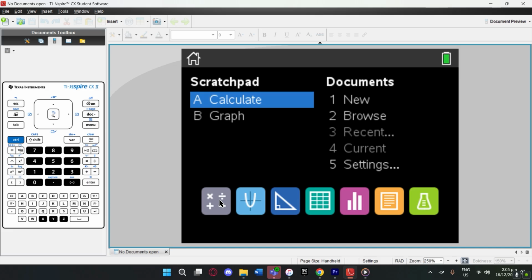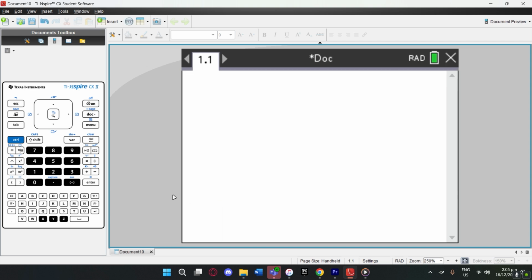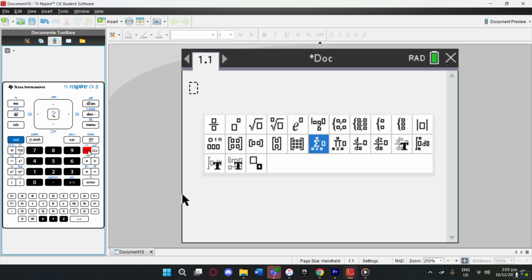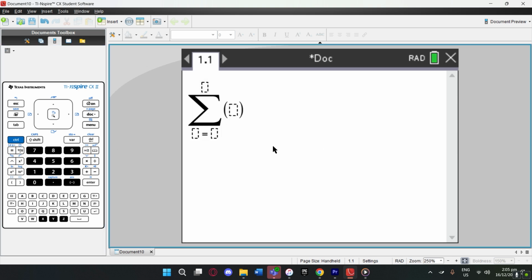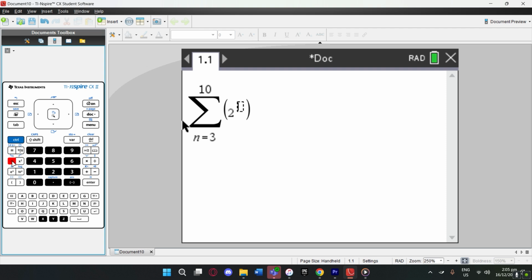Let's go on to our GDCs. Let's say we want to write sigma notation on the calculator. I'm going to press this button on the left over here. If you look at the GDC screen, I'm going to press this sigma notation, and earlier we had n equals 3. So I'm going to write n equals 3, and then the upper bound is 10. Then what I have here is 2 to the power of n, using the power sign.